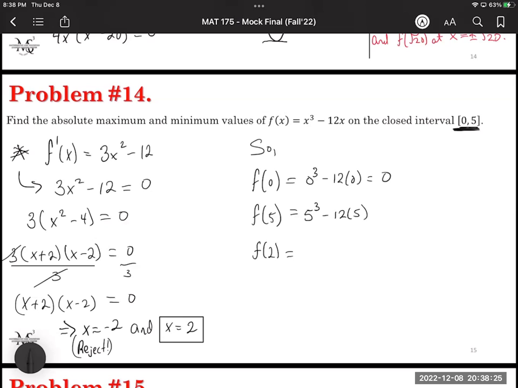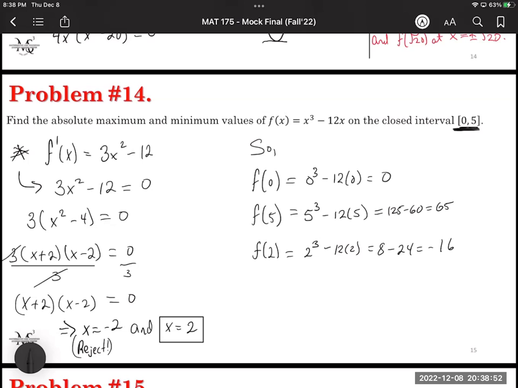So 5 cubed is 125, 12 times 5 is 60, and 125 minus 60 is 65. And then f of 2 would be 2 to the third minus 12 times 2. What is 2 to the third? That's 8. 12 times 2 is 24. So 8 minus 24 is -16.